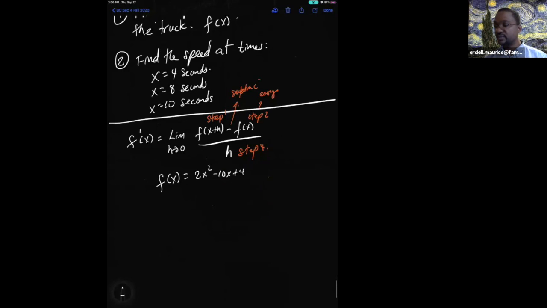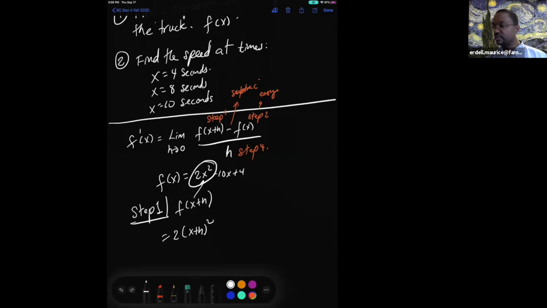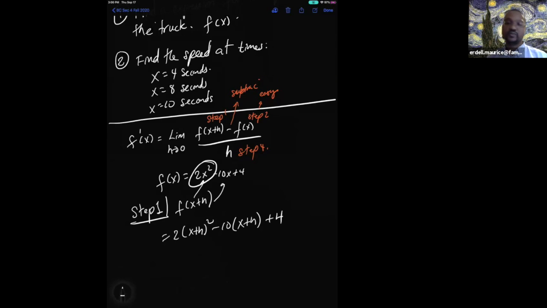So, step 1. F of x plus h. So, everywhere you see an x, it becomes x plus h. So 2 times x becomes 2 times x plus h, squared, minus 10 times x plus h plus 4.